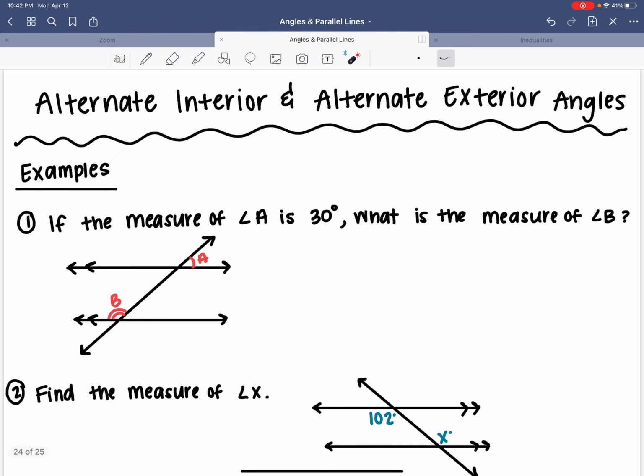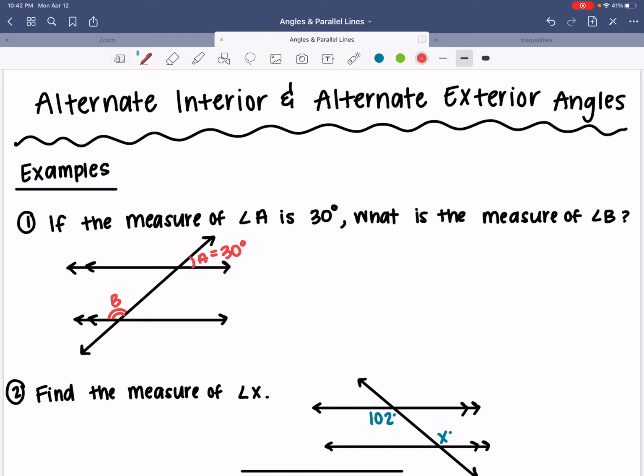Okay, number one, if the measure of angle A is 30 degrees, so I'm going to write that down, what is the measure of angle B? Well, we can use a couple of different theorems, but you could also use your alternate interior and exterior angles.